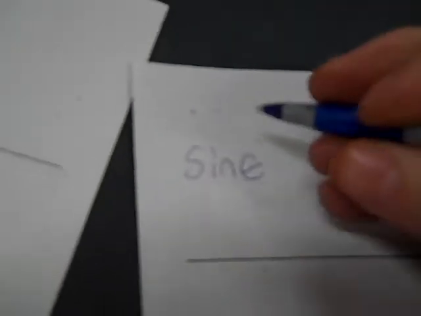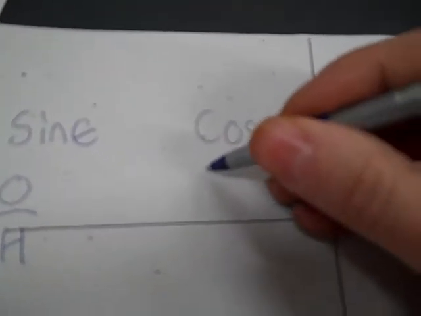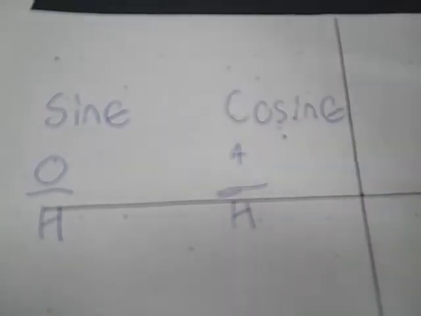So I'll write sine, cosine, and tangent. And then here's what I want you to do. Sine is O over H, opposite over hypotenuse. Cosine is A over H, the adjacent over the hypotenuse, and tangent is O over A.